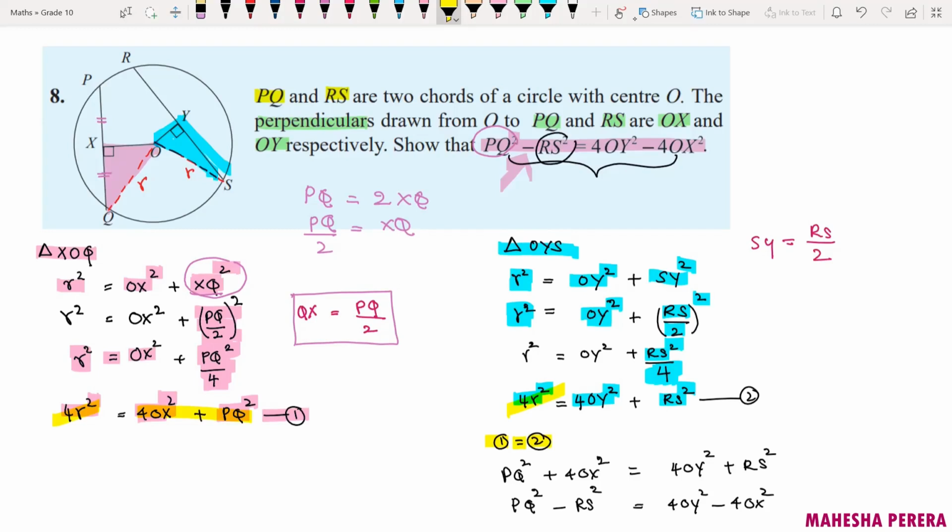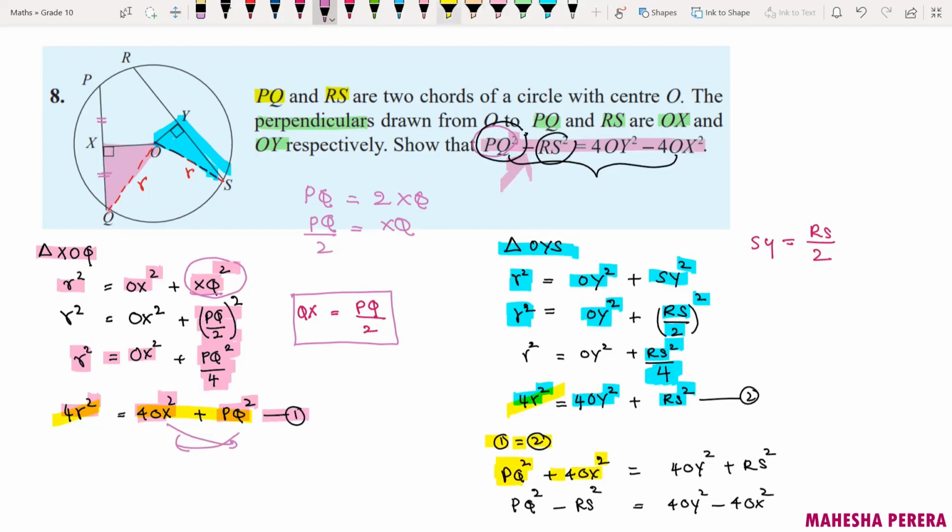But since in our answer we have PQ squared first, I write PQ squared first and then plus OX squared. I'm writing these two terms swapped, because in the answer PQ squared comes first.